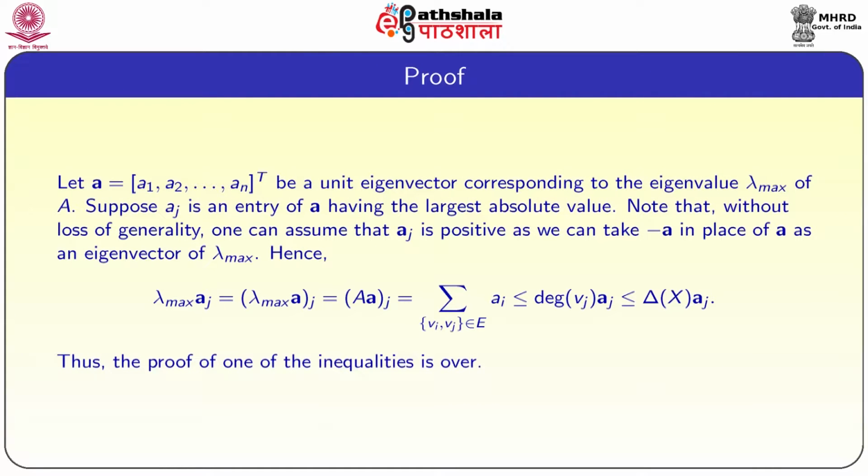Hence, lambda max times Aj is equal to the j-th entry of capital A times A, which is equal to the summation of Ai, where (Vi, Vj) belongs to E, which is less than or equal to degree of Vj times Aj, which is less than or equal to maximum degree of X times Aj. Thus, the proof of one of the inequalities is over.